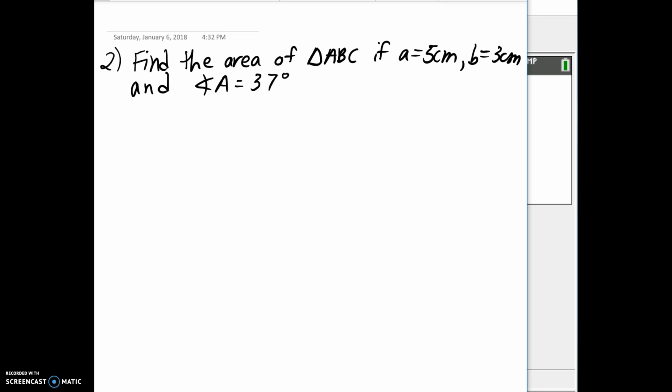Now in this situation, this is SSA, but remember, if you're not sure if you have that, draw your angle in your lower left corner. And then we do have side A, so we know we have law of sines. And that's 5. And the other side that we know is B, so I'm going to put that on top always.